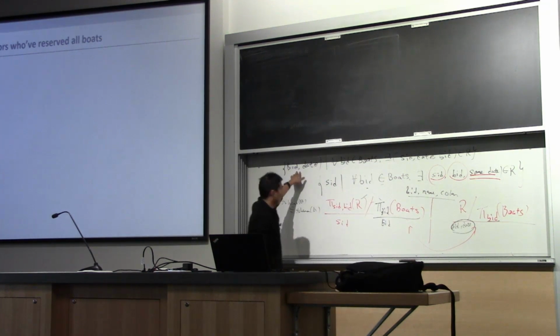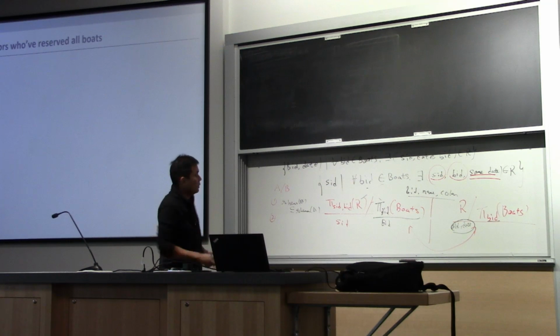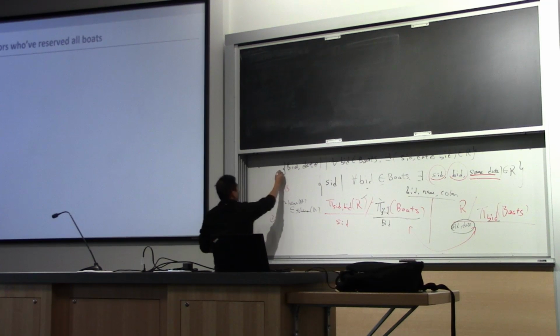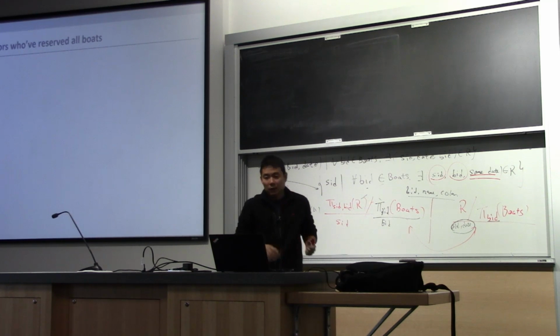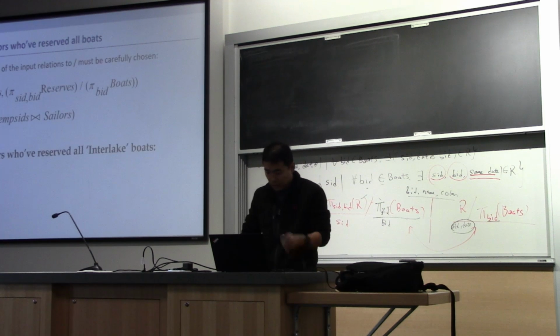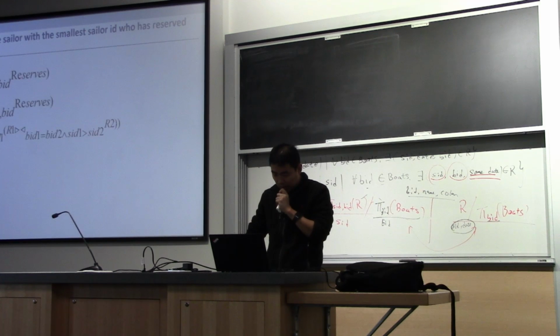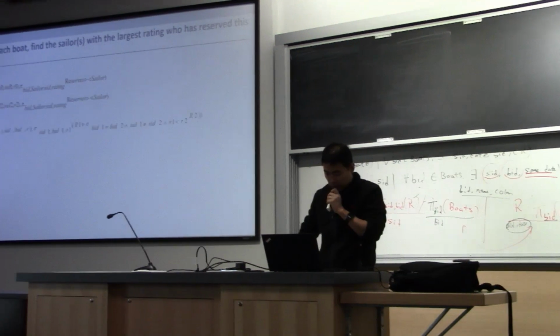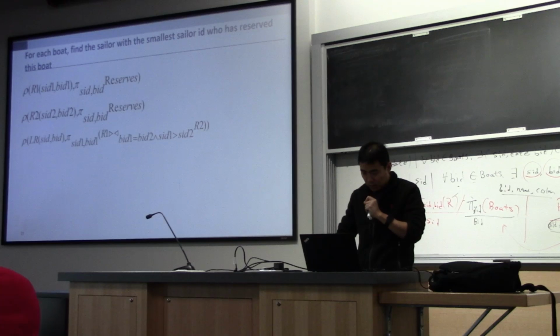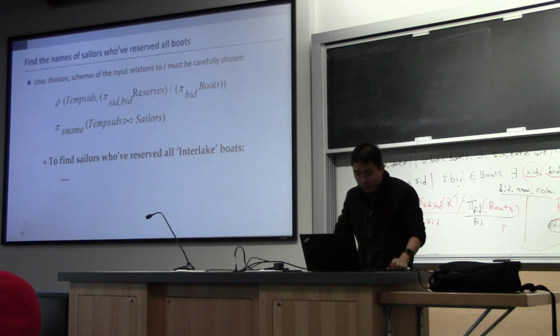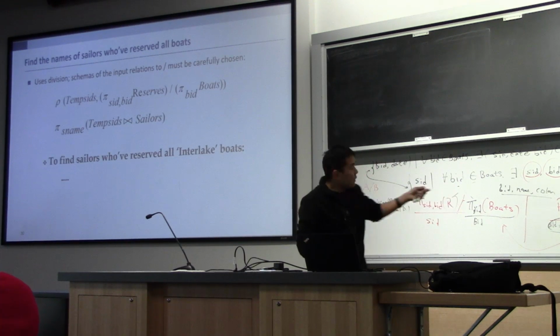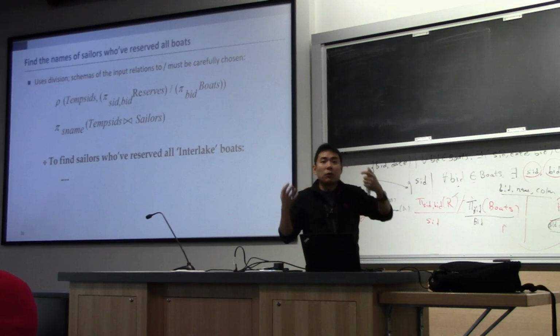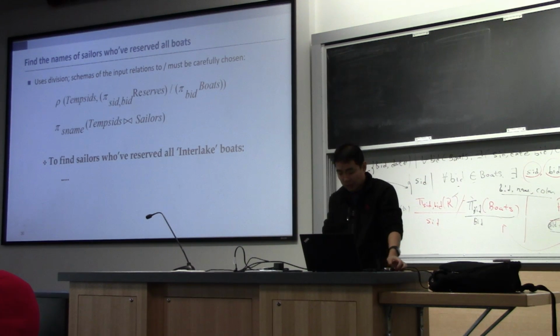So you end up with the difference of these two. Okay? Alright, so that's enough discussion of this. And of course, finally, you natural join with sailor to get the name of that sailor.